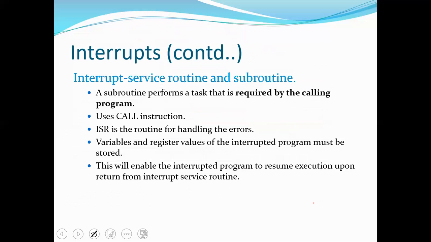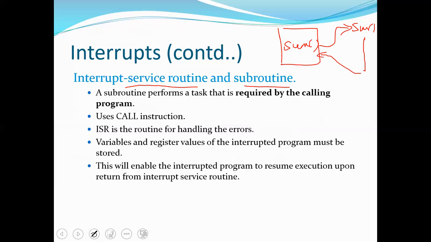Fine. Now, what is the difference between a subroutine or function call and an interrupt service routine? In both cases, suppose I call a function sum here, it goes to the particular location where the function is defined, executes this function, and control comes back. What is the difference here?